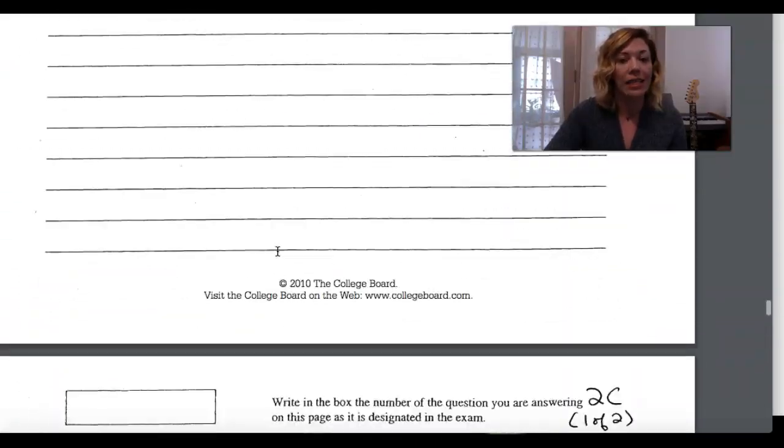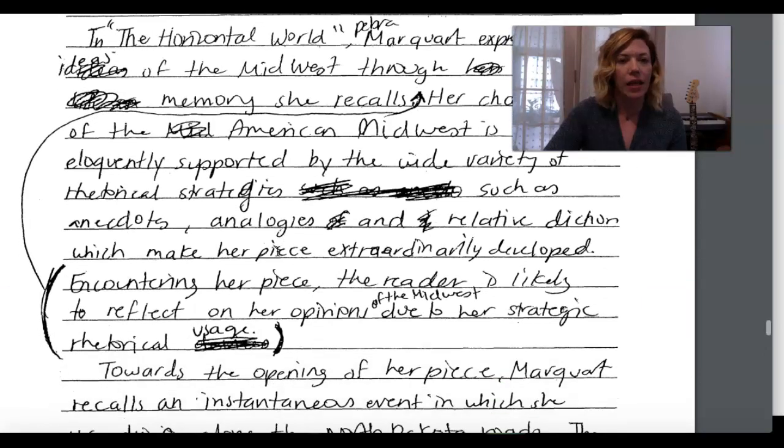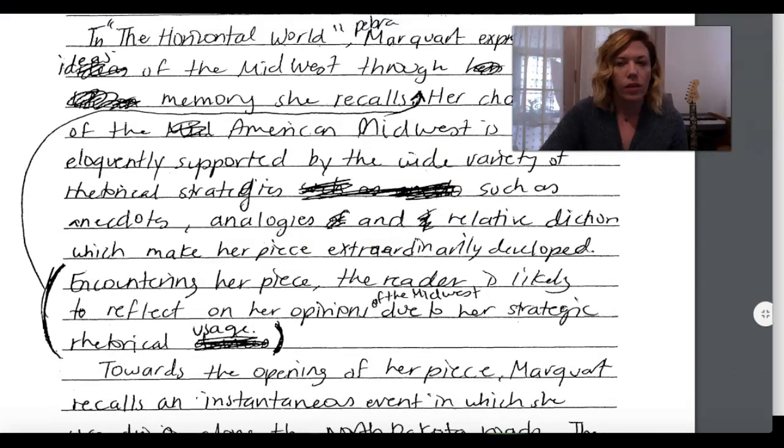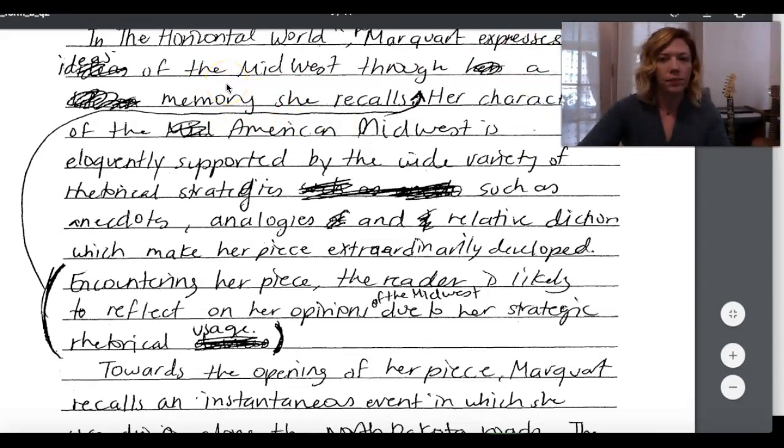Finally, let's look at our last sample of the rhetorical analysis. All right, so this student begins with something like a rhetorical précis, summarizing the text. "In the horizontal world, the author expresses her ideas of the Midwest through a memory she recalls.